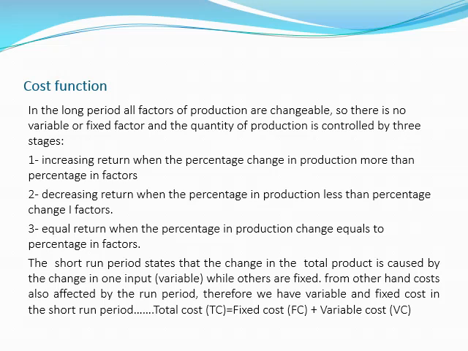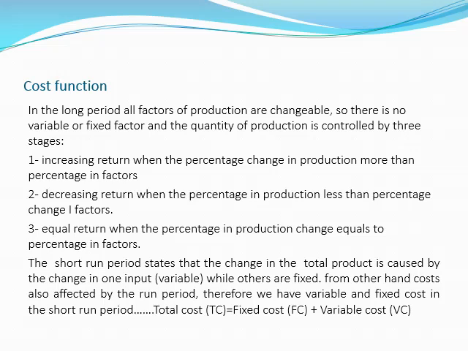Once there are 2 forms of factors of production in the short run period, fixed factor and variable factor, each of them has a cost. Therefore, the cost of fixed factor of production is known as fixed cost, and the cost of variable factor is known as variable cost.